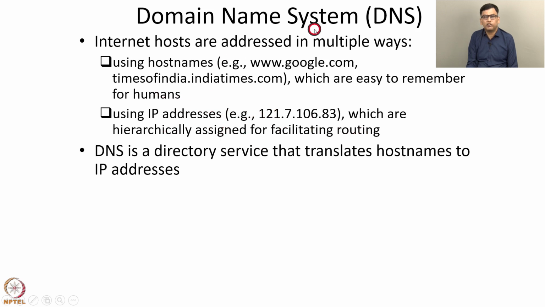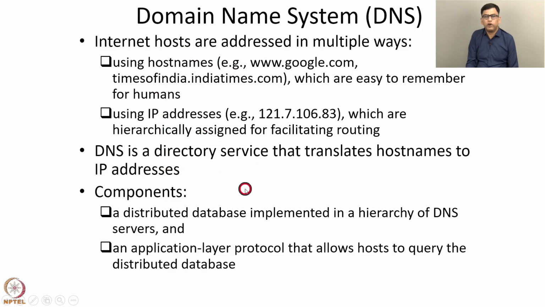DNS or domain name system is a directory service that translates host names to IP addresses. So it can be used to find out the IP address corresponding to a particular host name. It has the following components. One is a distributed database implemented in the hierarchy of DNS servers. There is a hierarchy of many DNS servers which perform this translation from host names to IP addresses.